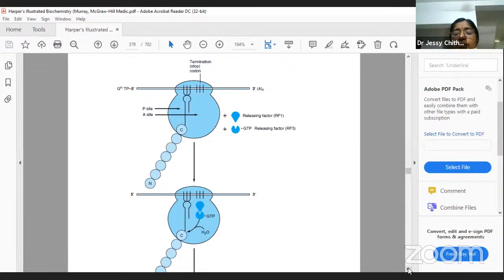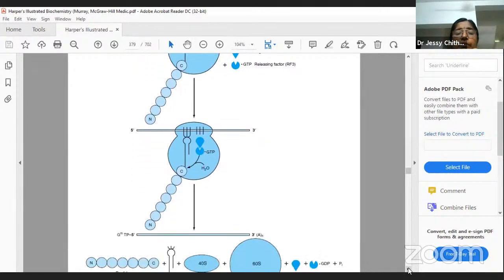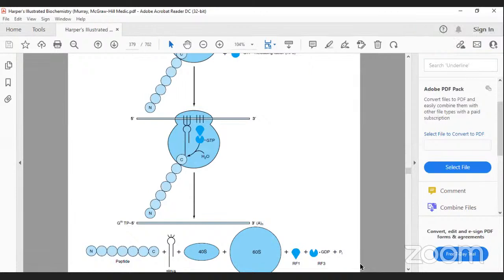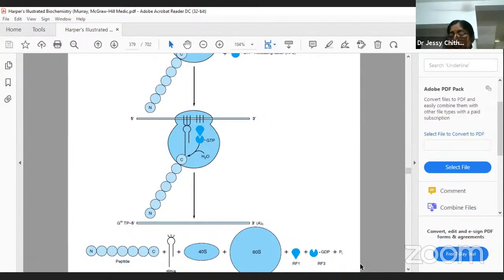Then it will hydrolyze with the help of a molecule of water, and the peptide chain is removed from the peptidyl tRNA. This is the elongating peptide chain with tRNA, the 40S and 60S subunits, and the releasing factors are being released. Are you able to take down the figure? Okay. So that is the termination.